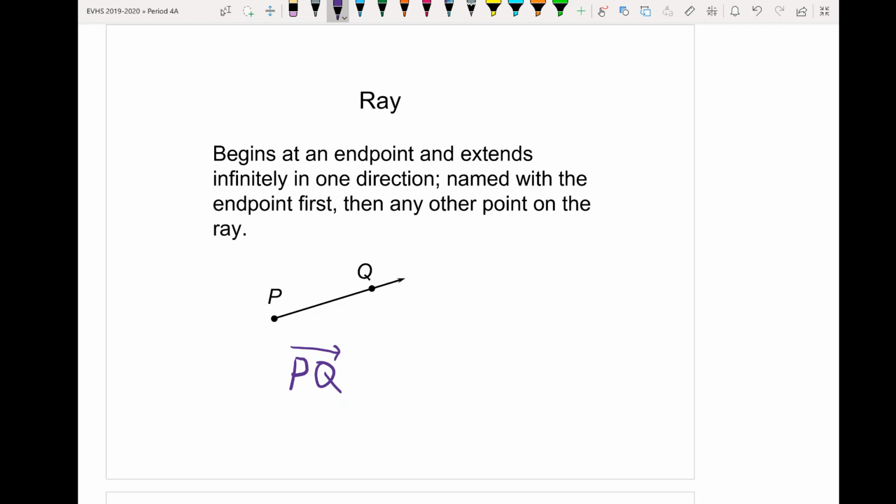It does not matter how the actual ray is oriented in space, on the paper or in the plane or anywhere. We always write the endpoint first and then the other point second, and the arrow always points to the right. So if I had this one here as A, B, C, I can name it AC or I can name it AB. Either one works. Notice the endpoint's on the left, arrow faces the right. Sound good?